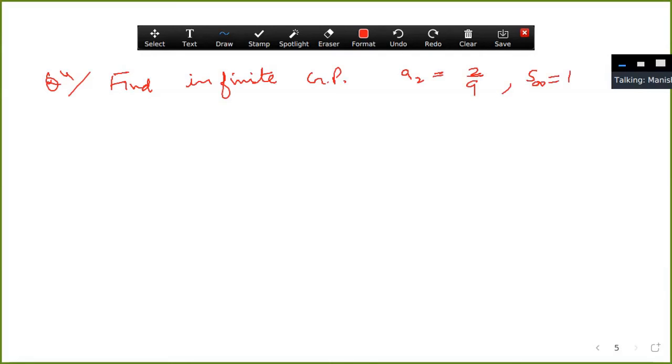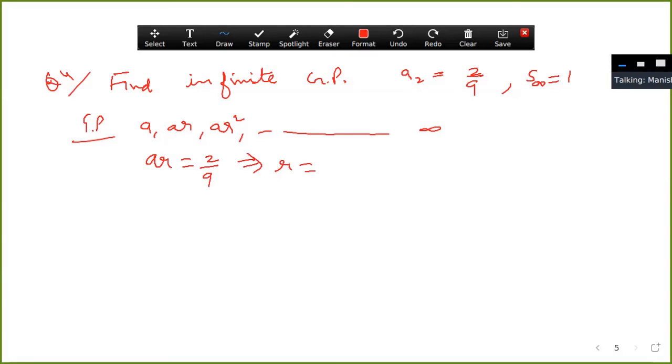Okay. As you know, the GP can be written as a, ar, ar square up to infinite. If second term is given to you, it means what? ar is given, that is 2 upon 9. From here you can calculate r is equal to 2 upon 9a.